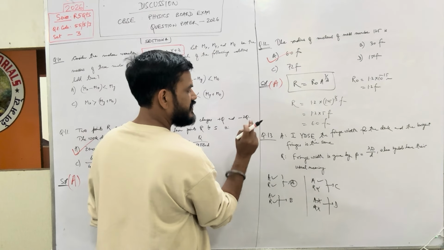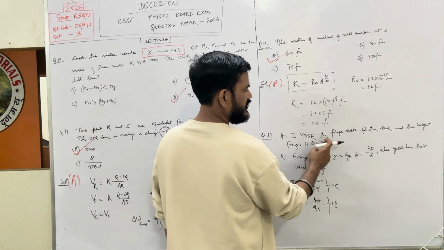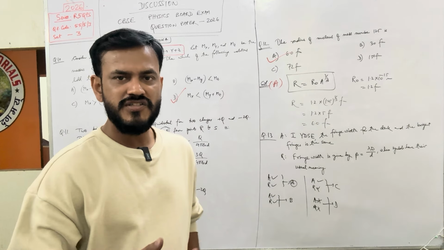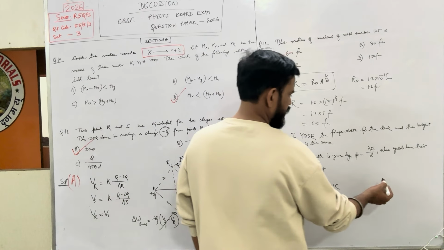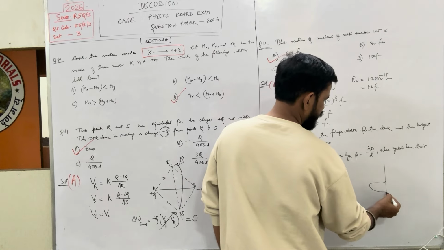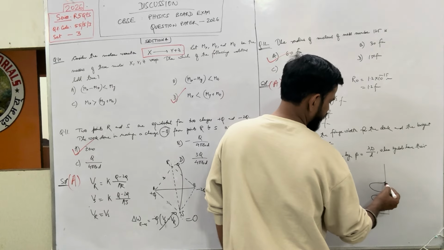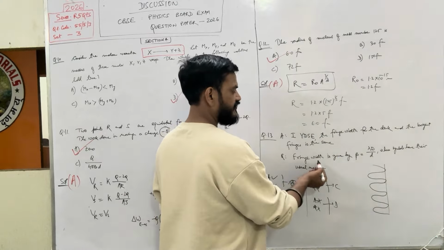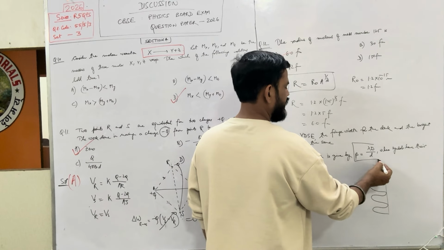Now, the assertion says that in Young's double slit experiment, the fringe widths for the dark and the bright fringes are the same. It is true. We see in Young's double slit experiment the fringes are like this, equally bright and equally dark. Now the reason says the fringe width beta is given by lambda D by d.